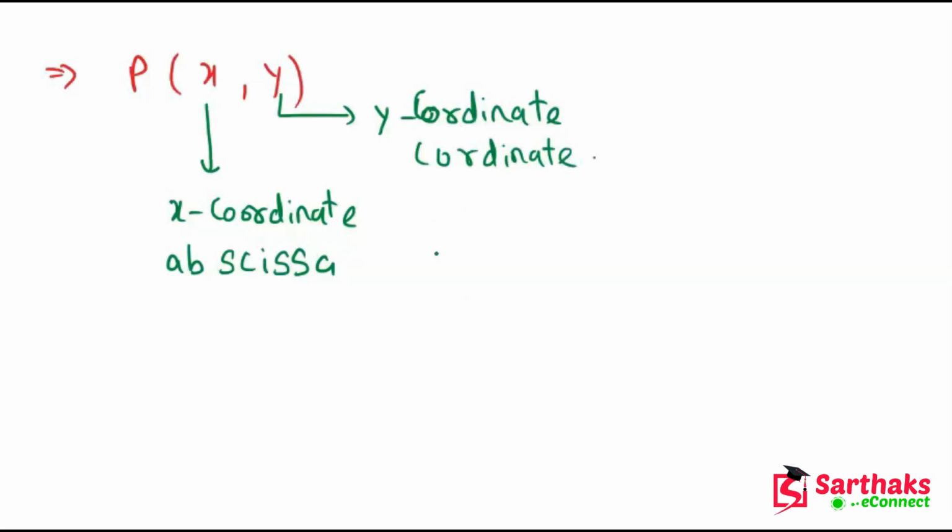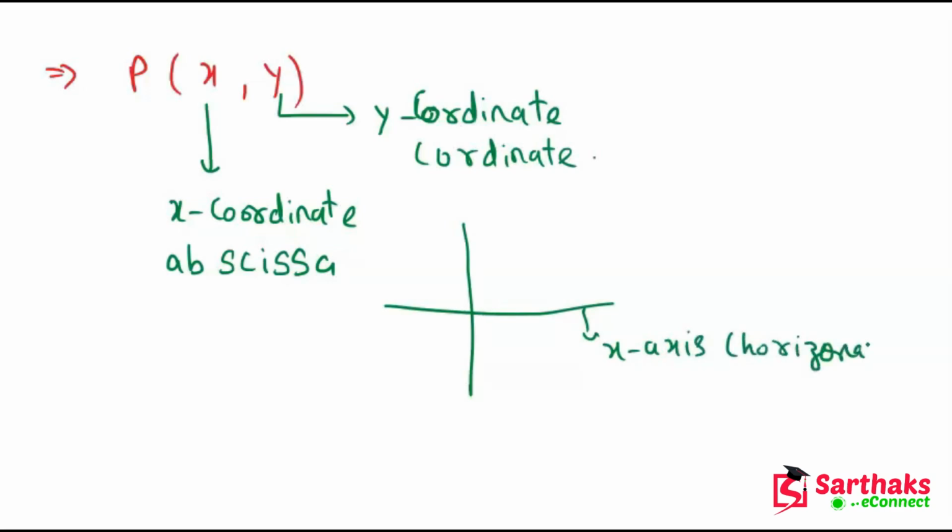Like this, let's suppose this is our x-axis or horizontal line. And this is our y-axis or vertical line. So my dear friends, this is the y-axis and this is the x-axis.